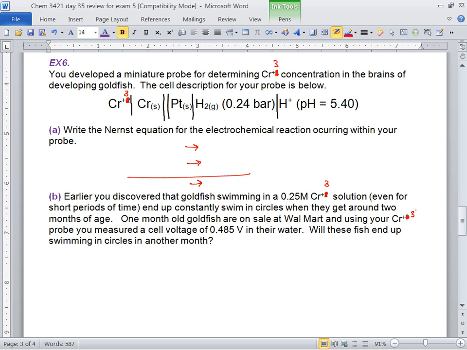Right? Is that even written right? I don't think it's even written right. Yeah, I wrote the cell reaction wrong too. That's all right. It'll still work.